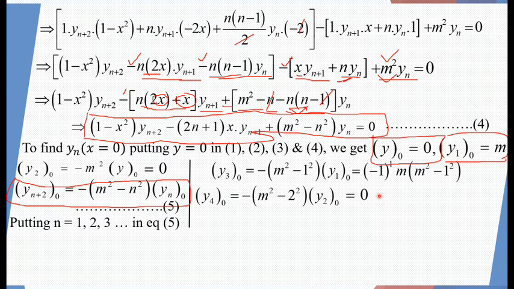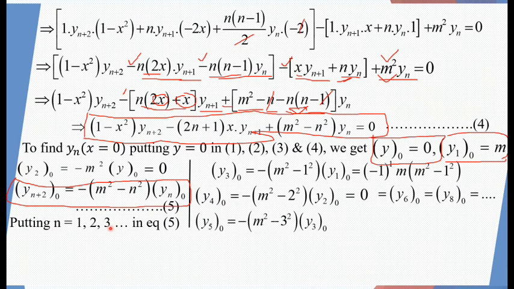And when we have to find y6(0), it will depend on y4, so it is also equal to 0, same as y8, same as y10. So all succeeding even terms will be 0. Now we have to find y5. For y5 we put n equals to 3. So y5(0) is equal to minus m square minus 3 square y3(0).